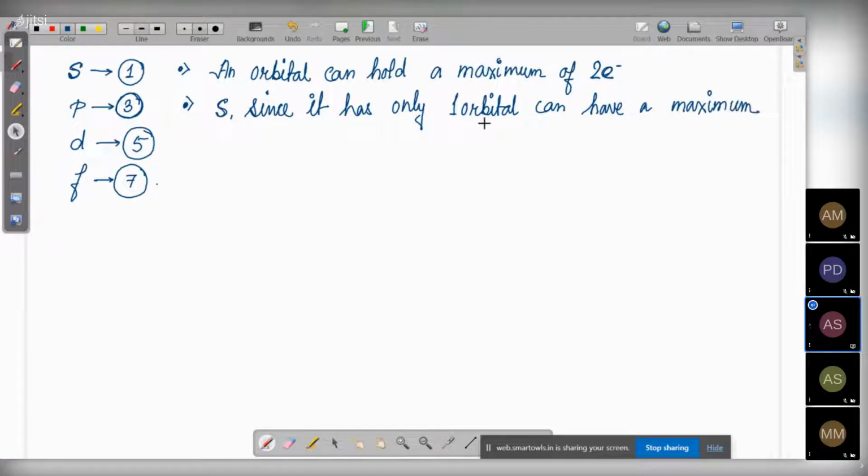One orbital, a maximum of two electrons can be present. As the s subshell has only one orbital, it can have a maximum of two electrons.